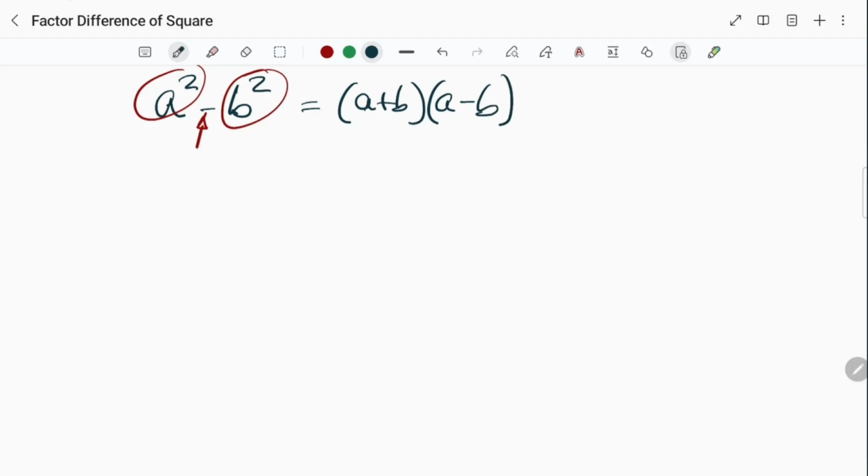In other words, the product of the addition by the difference between two terms. The factorization of the difference of the square has that style, and we are going to solve a couple of exercises applying the same formula. Determine who is a, who is b, and then determine who is the solution for the difference of the square.